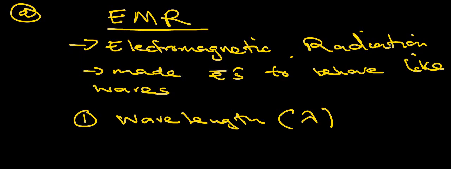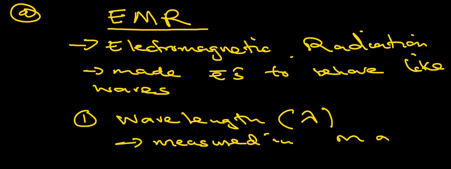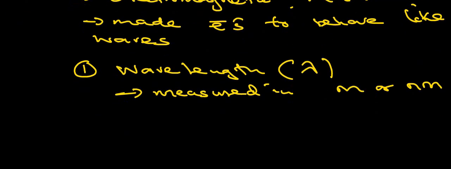But whenever that is done, the electron will start behaving as if it's a wave. It will have wave-like properties, meaning it's going to have wavelength, and this is measured in meters or nanometers. These are the two units that we're going to be using.